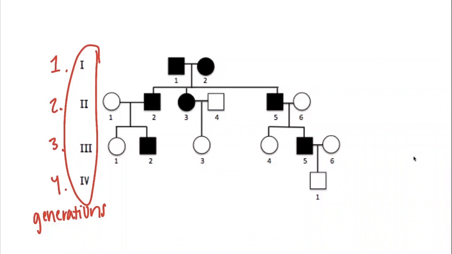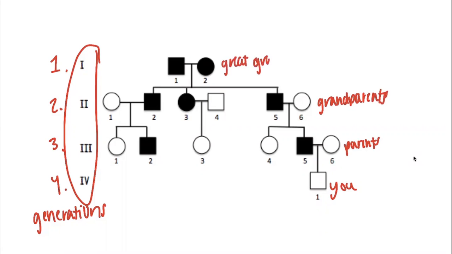We said if this was you, and I know you're not males, but if this was you, this would be your parents, this would be your grandparents, and then this would be your great-grandparents. Usually though, when we're talking about this in high school classes, you typically don't see 4 generations. We'll usually stop at 3. But that's what that's showing.